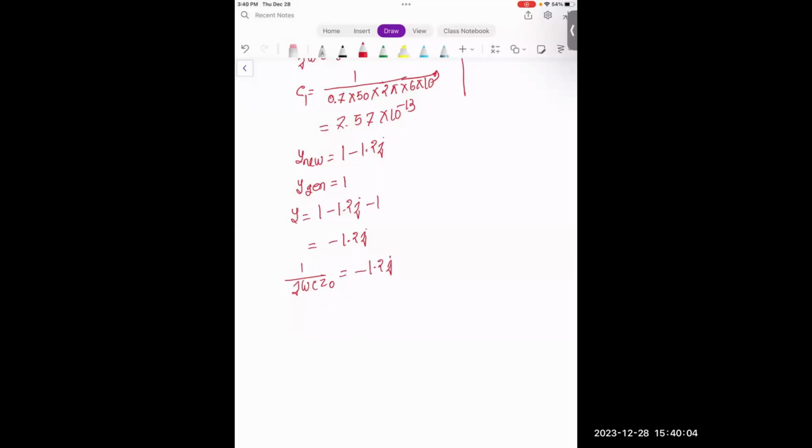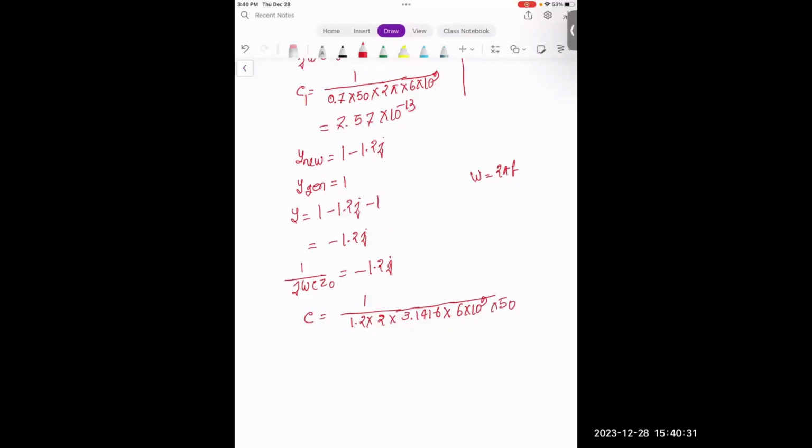Same thing, we use omega is 2 into 3.1416 because we know omega is 2 pi f, into 6 into 10 to the power 9, and Z naught is 50.